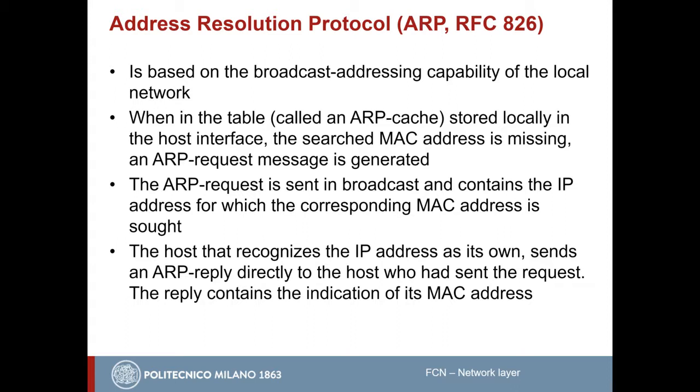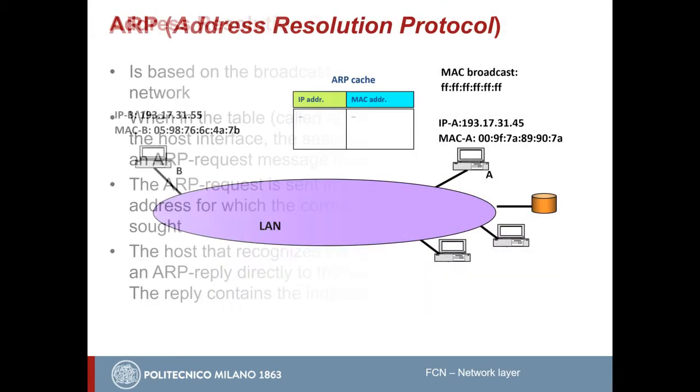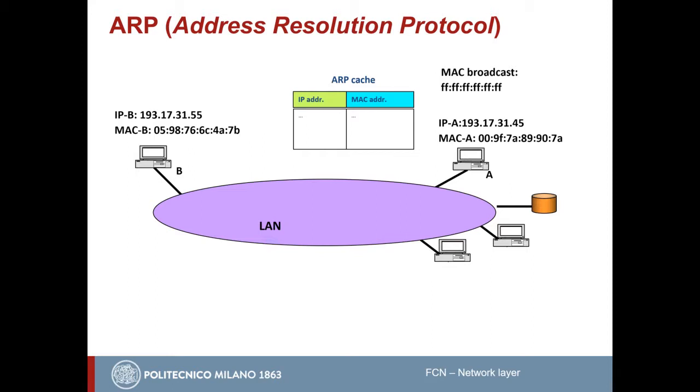And the ARP reply is not sent in broadcast, it's sent in unicast, because the receiver of this ARP request knows the identity of the source, the identity of the interface which originated the ARP request. So this is the scheme.